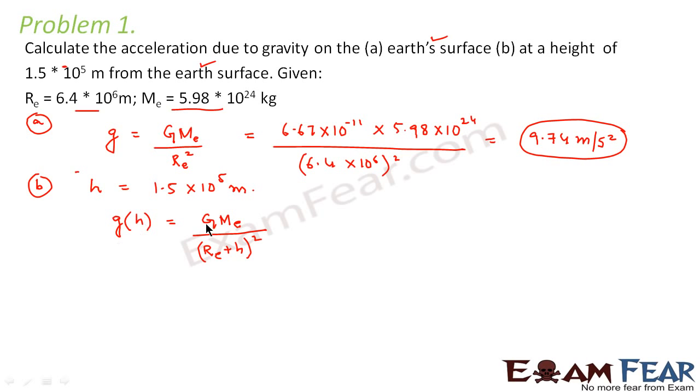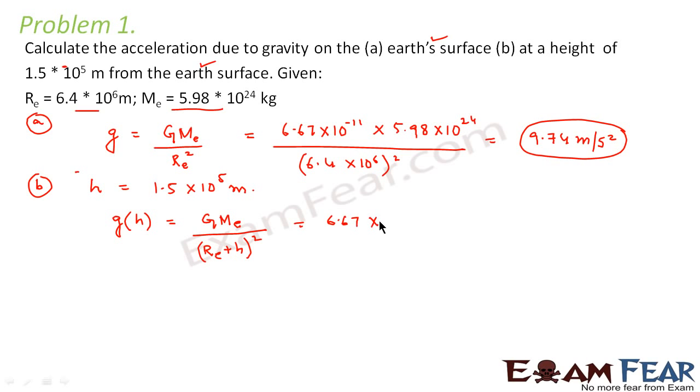This is the value of acceleration at a height h from the surface of the Earth. So instead of GMe by Re square, it will be Re plus h, because the distance of the point at which we want to calculate the value of g is at a distance of Re plus h. Now we will put the values again.